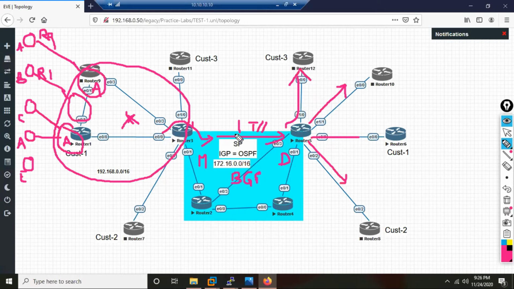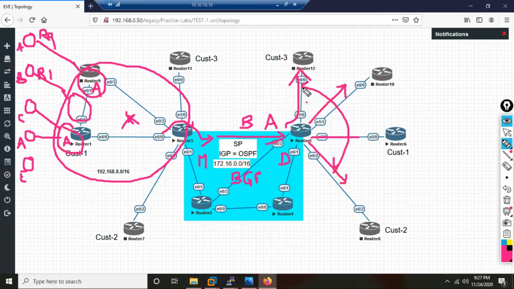So when I redistribute into BGP, this network A will be advertised two times to router 5? No. Network A will go only one time. A, B, C, all these routes. So what will happen on R5 now? R5 does not know which customer this network A belongs to. Whatever R5 receives from BGP, it will advertise all A, B, C, D, E to all the customers here.